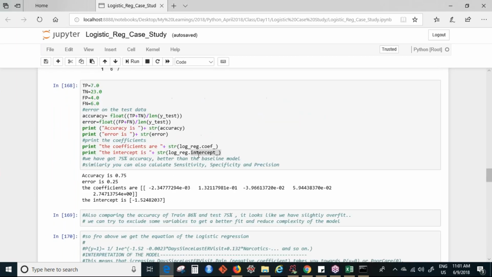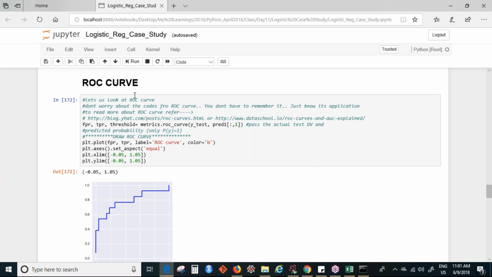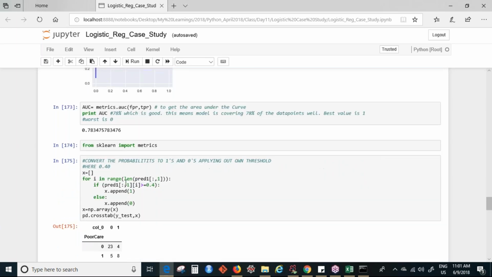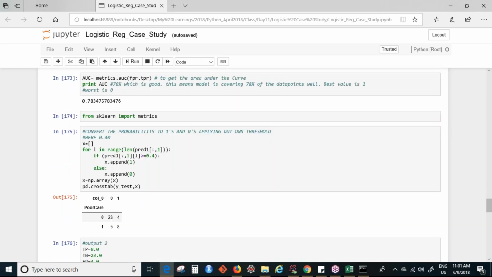I will share this file today itself. What we are not covering today is the ROC curve. So you just ignore this section and move to the next one. Or maybe what I'll do is I'll delete these and then I'll send the files to you so that you don't get confused.